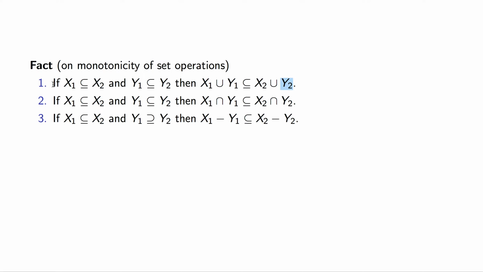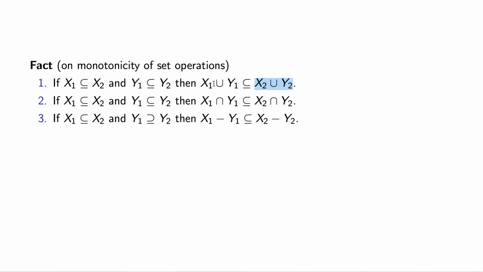So now point 1 says that if x1 is a subset of x2, if y1 is a subset of y2, then when I have the union of x1 and y1, the value of this union will be the subset of x2 union y2.